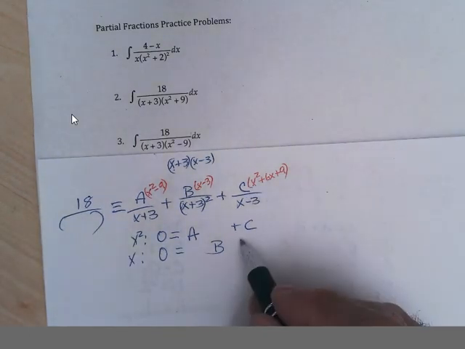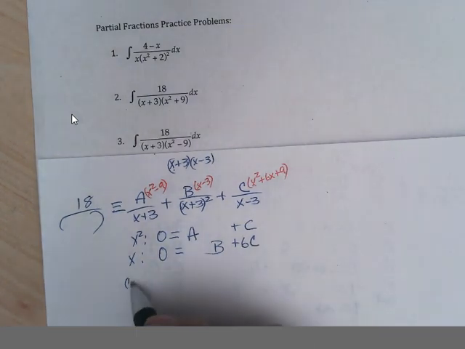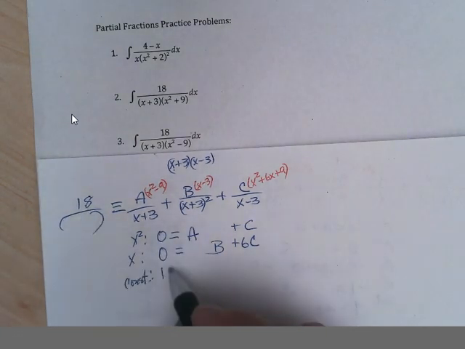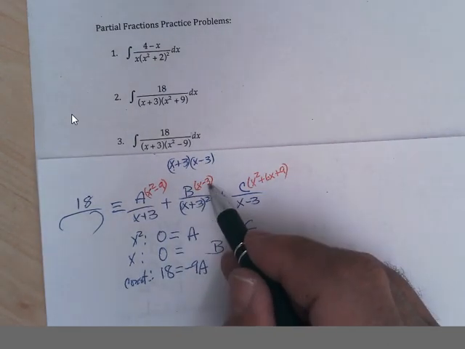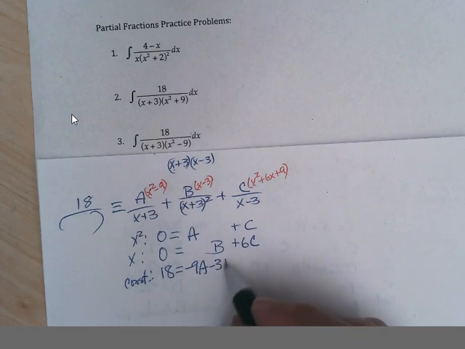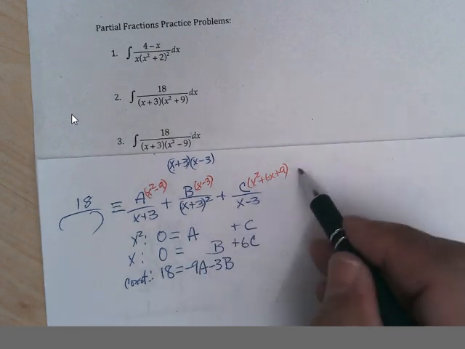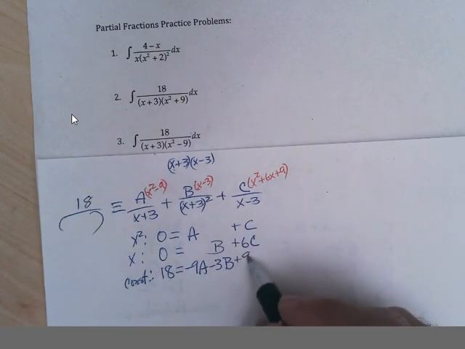And I have 6c. And constant. I have 18. 9 minus 9a minus 3b and plus 9c.